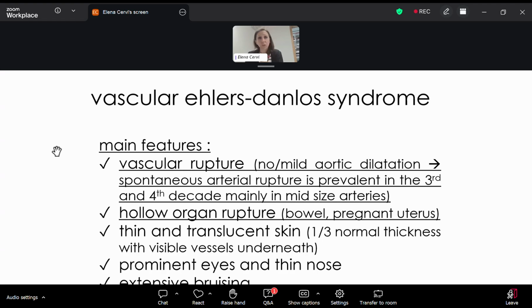The features usually include thin and translucent skin. Usually they present to medical attention in adulthood, more with a presenting event. In children, it's more because they have subtle features that include easy bruising, and sometimes they come to hospital and are investigated for non-accidental injury, because they tend to present in quite dramatic ways.